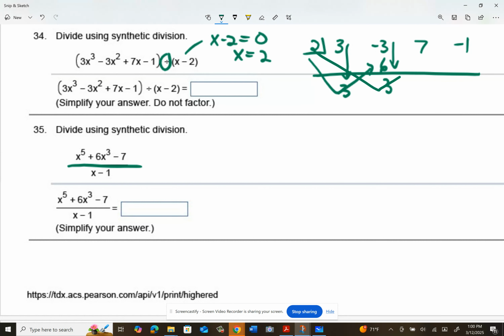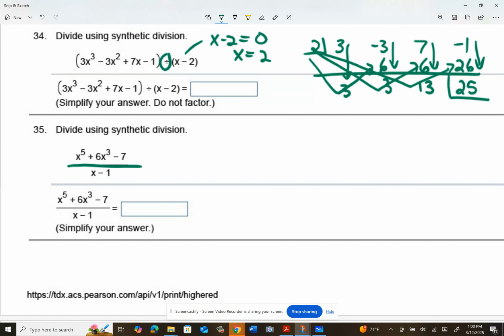Then do 2 times 3 and write the result in the next column, and then add straight down and get 13. And then do 2 times 13, which is 26, and write that right here, and then add straight down and get 25.